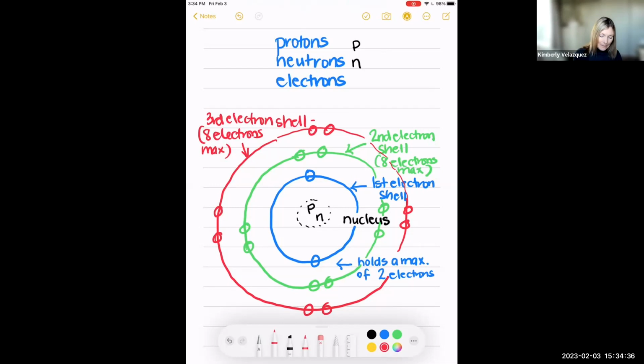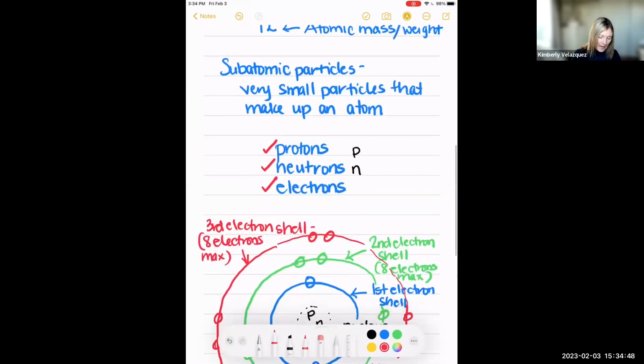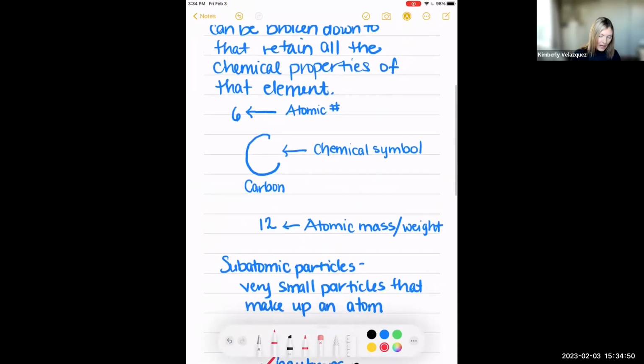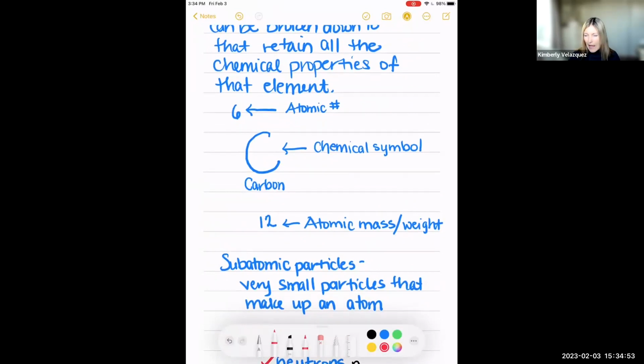Well, what I mean by electrons filling these electron shells is every atom on the periodic table has a different number of protons, neutrons, and electrons. And we're going to look back at carbon for a second to figure out how to determine that. That atomic number of every element on the periodic table is equal to the number of protons in the nucleus of that atom.